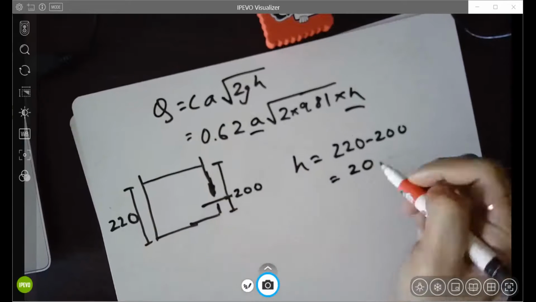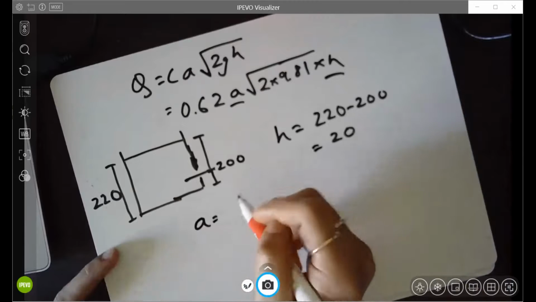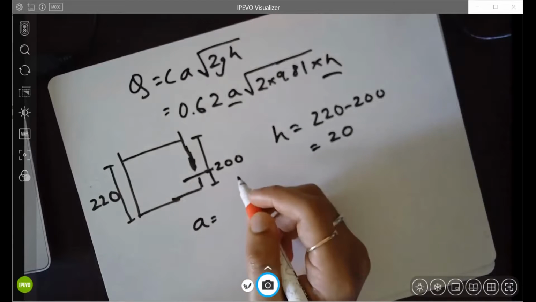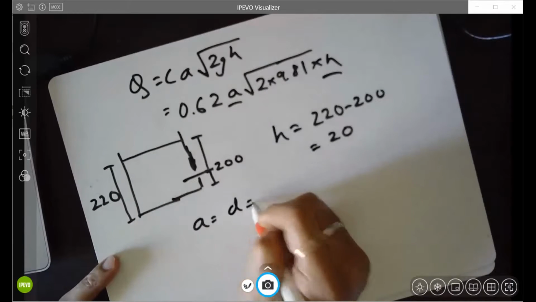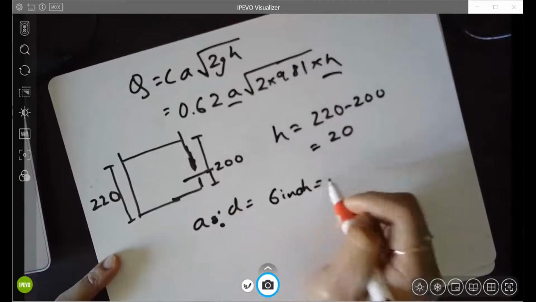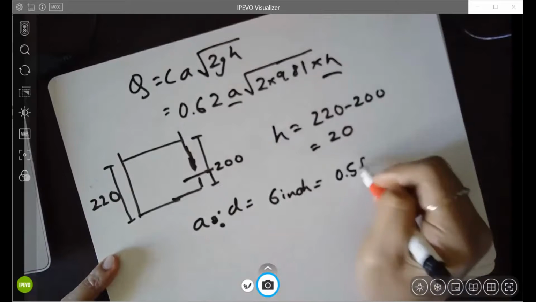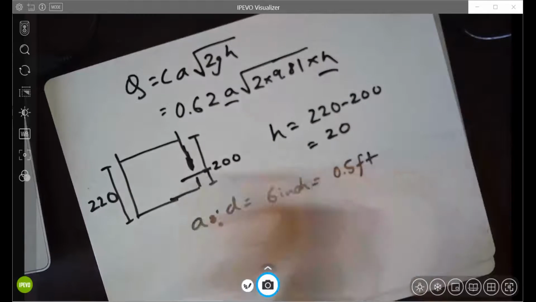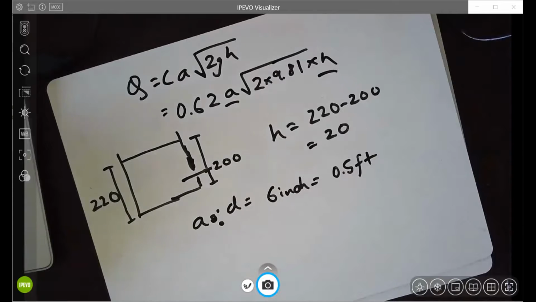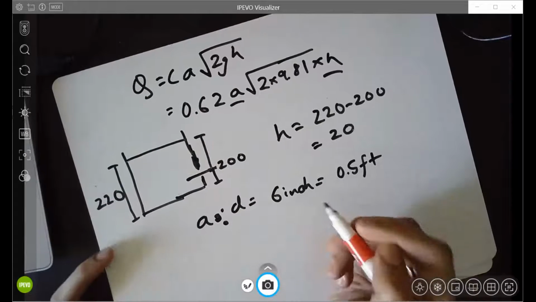The units are not given, so I'm not putting units here. Now the area. The diameter is given: 6 inches, which is 0.5 feet.